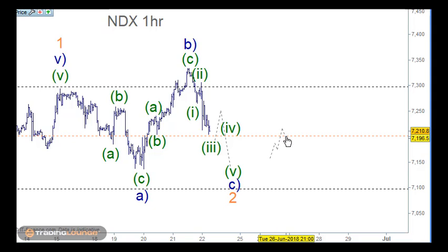Okay, if we get the 5 waves up, then we know that we're going to get an ABC correction. Because we've got 5 waves up off the low here, that means we're definitely going to get another 5 waves up here. Okay, so this is the time to enter into it over here.